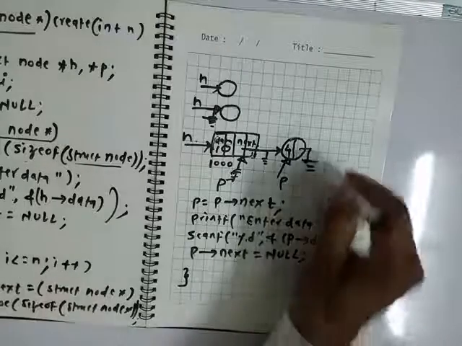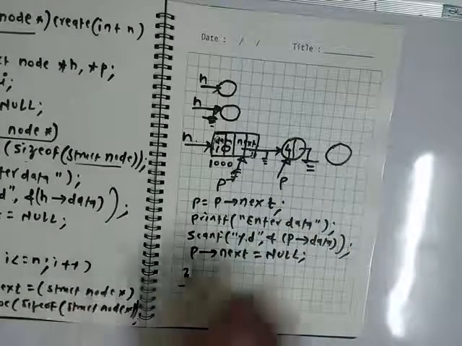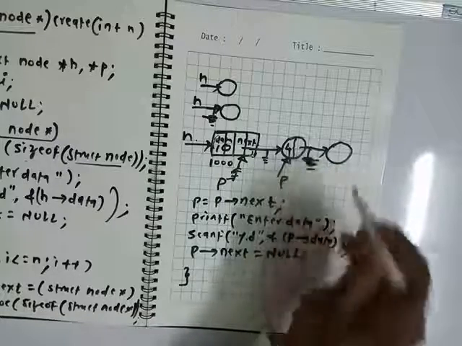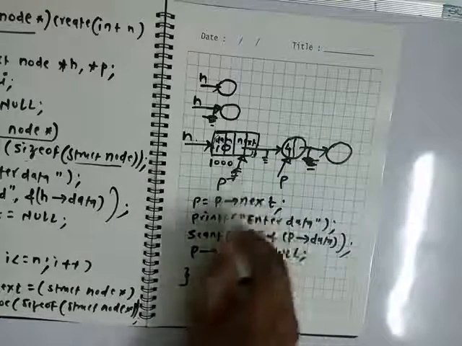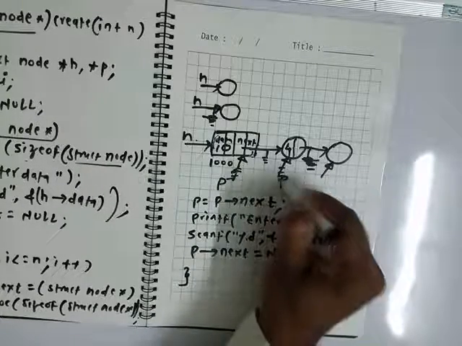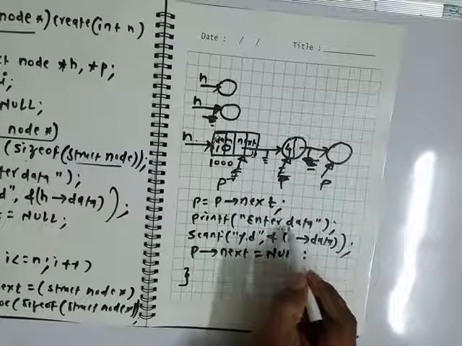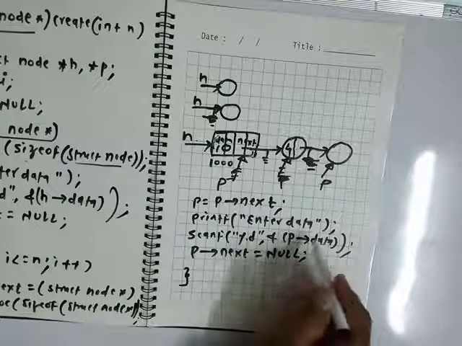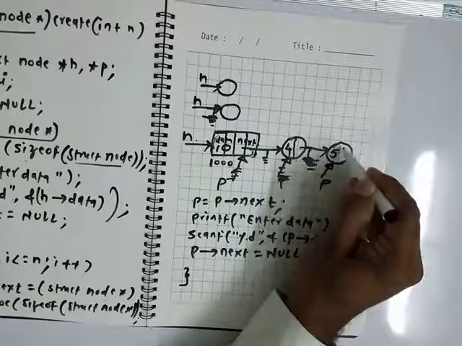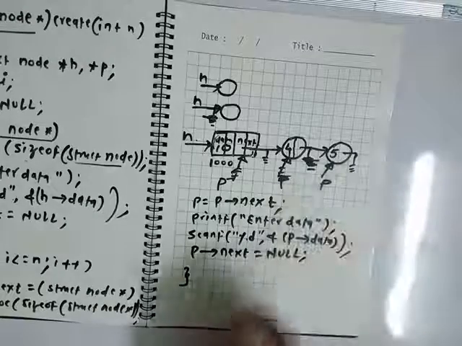So p arrow next, that is this pointer, will point to a new node created by this memory. So p arrow next will not be null. It will point to this node now. Then I'll bring p from here to here by using this statement. So p is now here. Then this message will be printed, enter the data, and the data entered by the user will go in this part now. Let's say the data is 5, so 5 will be stored here. Then we'll set p arrow next to null, right?